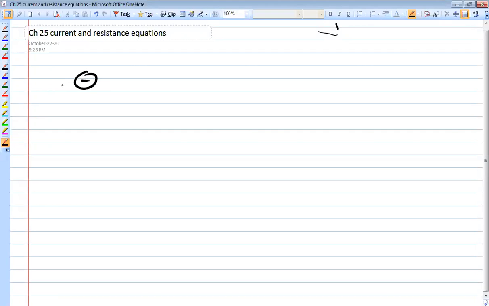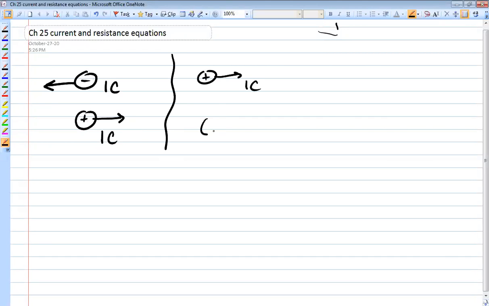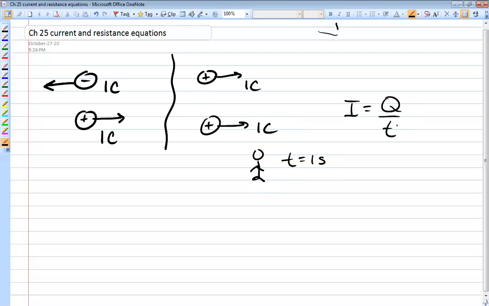Something to be aware of: if you had a negative 1 Coulomb charge moving left, in addition to a positive 1 Coulomb charge moving right, and in another situation you had a 1 Coulomb charge moving right and another 1 Coulomb charge moving right, and you stand here and you count these charges, and these 2 coulombs of charge move past you in 1 second, then the definition of electric current is the amount of charge that passes a point over the amount of time it takes to pass that point.